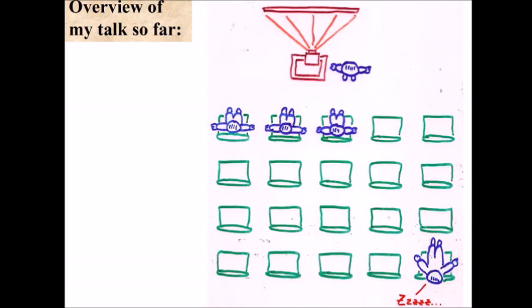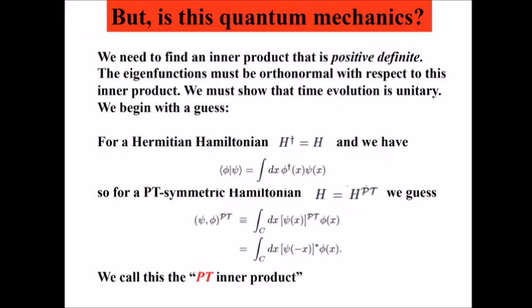So I promised to say something about the theory of the model, to talk about the inner product and so on. There are quite a few slides left. So you can ask, is this quantum mechanics?